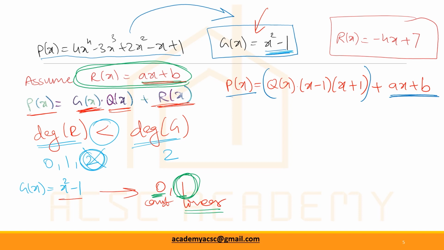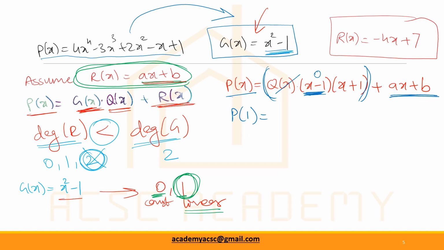So we are trying to eliminate that. And how will we do that? Let us see. If you substitute the value x equal to 1, then what we will get? Why did we take 1 only? Because 1 is a factor of this thing. So if we substitute x equal to 1, this will become 0 and this entire term will be gone.